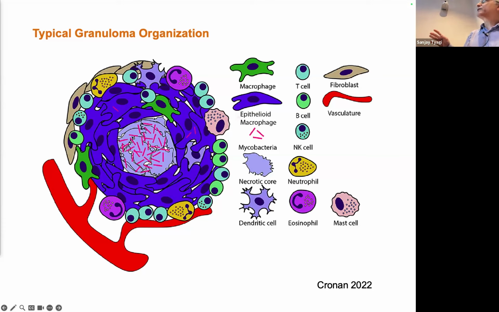In addition to macrophages, particularly at the periphery of the granuloma, there are cells of the adaptive immune system, T cells and B cells, and other kinds of cells that are going to mount a strong immune response. I'm mostly going to talk about macrophages and a little bit about T cells.